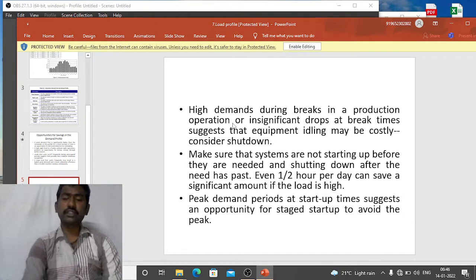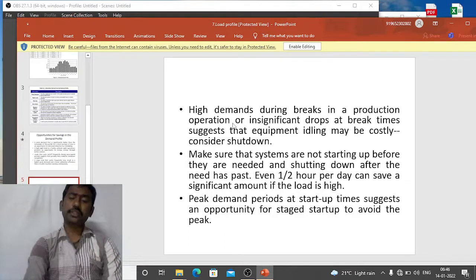High demands during the breaks in a production operation, or insignificant drops at breakdown times, suggest that equipment idling may be costly and should be considered for shutdown. And make sure that systems are not starting up before they are needed and shutting down after need has passed. Even half an hour per day can save a significant amount if the load is high. Peak demand periods at startup times suggest an opportunity for staged startup to avoid the peak.